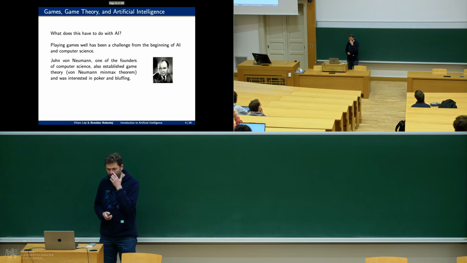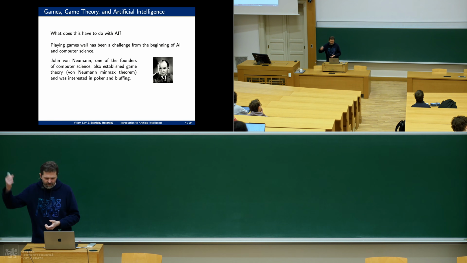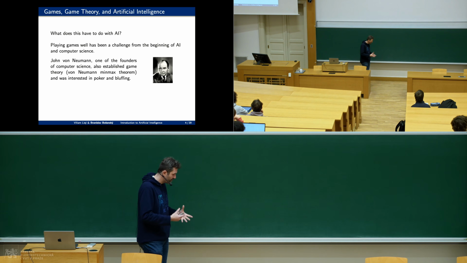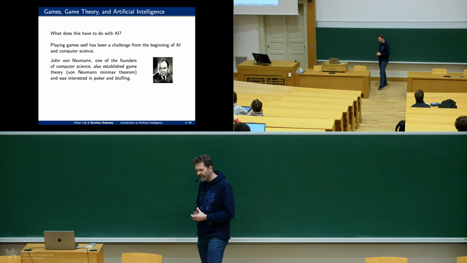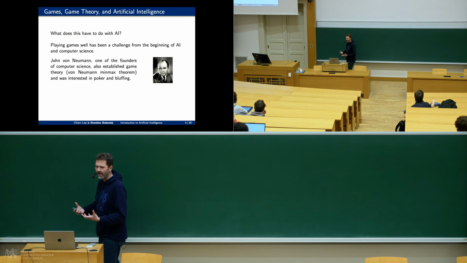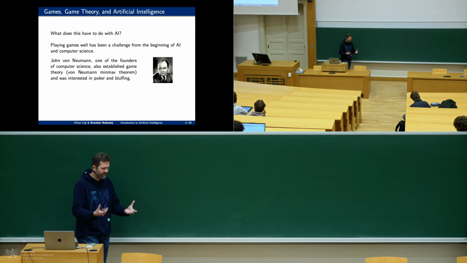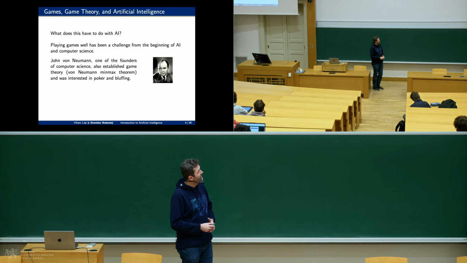And if you know the name John von Neumann, who is one of the grandfathers of modern computer science and economics, he was very interested in games, in poker, in bluffing, and what it means mathematically. And one of the main theorems of game theory that impacted algorithms and how to solve games is von Neumann's min-max theorem.